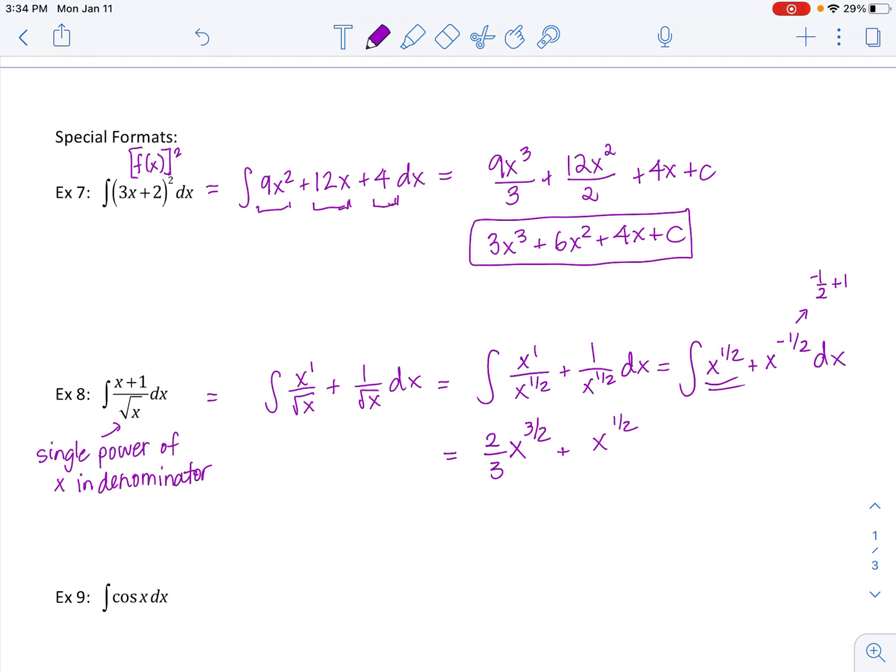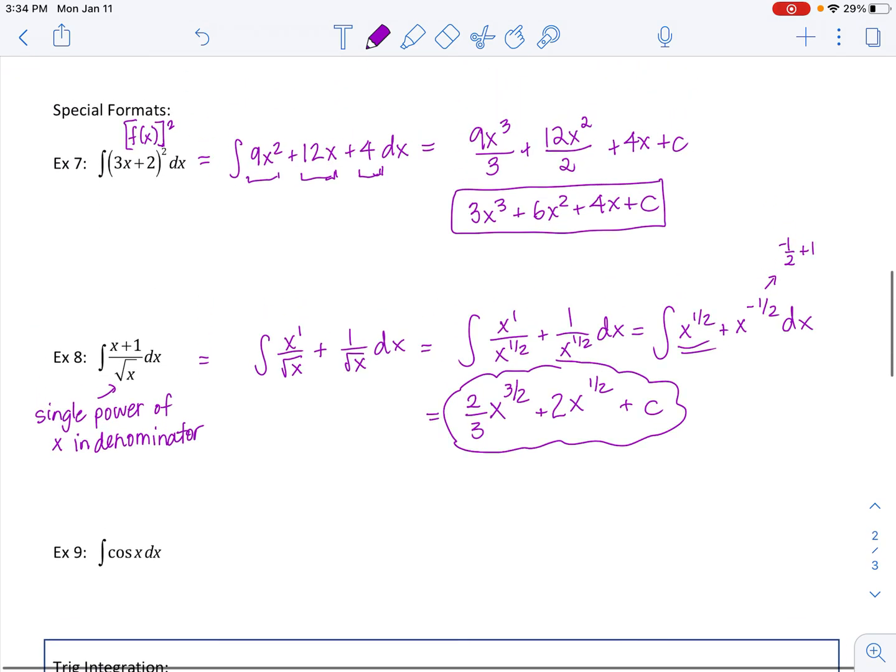And then again, I have to divide by 1/2, but that's a bit awkward, so I'm just going to multiply by 2, following those rules, and then put a plus c. And this is my answer. You might be asked to put it in a radical format, but you should be able to transition easily between radicals and their powers and vice versa.